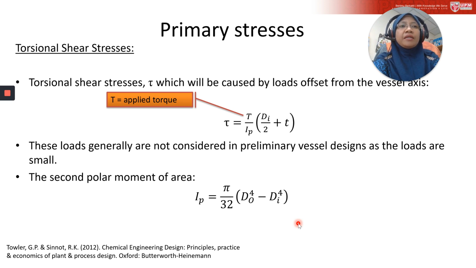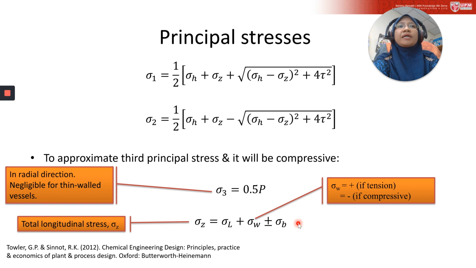After we have done this, we can calculate the principal stresses. There are three components of principal stress: stress 1, stress 2, and stress 3. Sigma z here is the expression for total longitudinal stress, and sigma w can be counted as positive if tension, while negative is compressive.